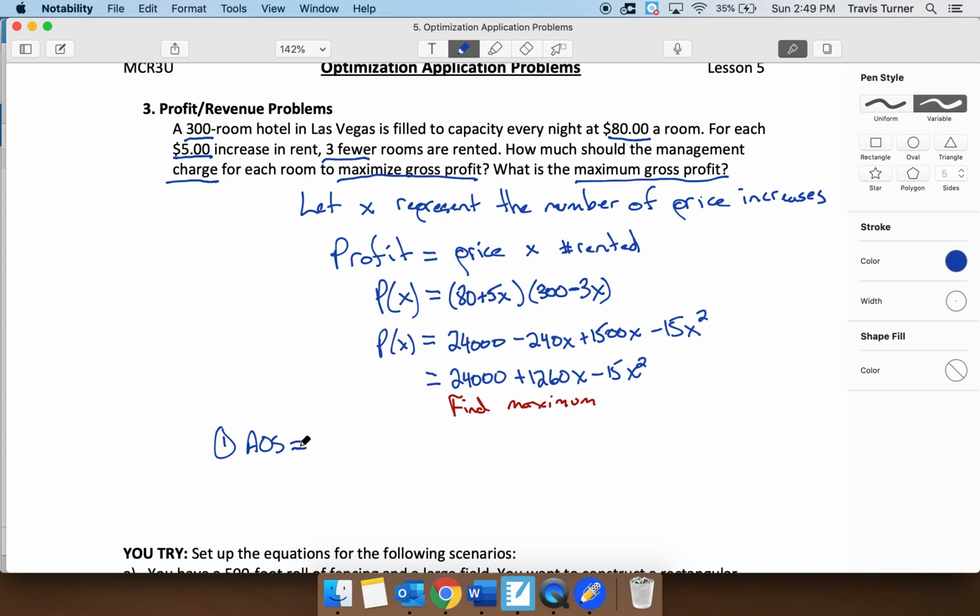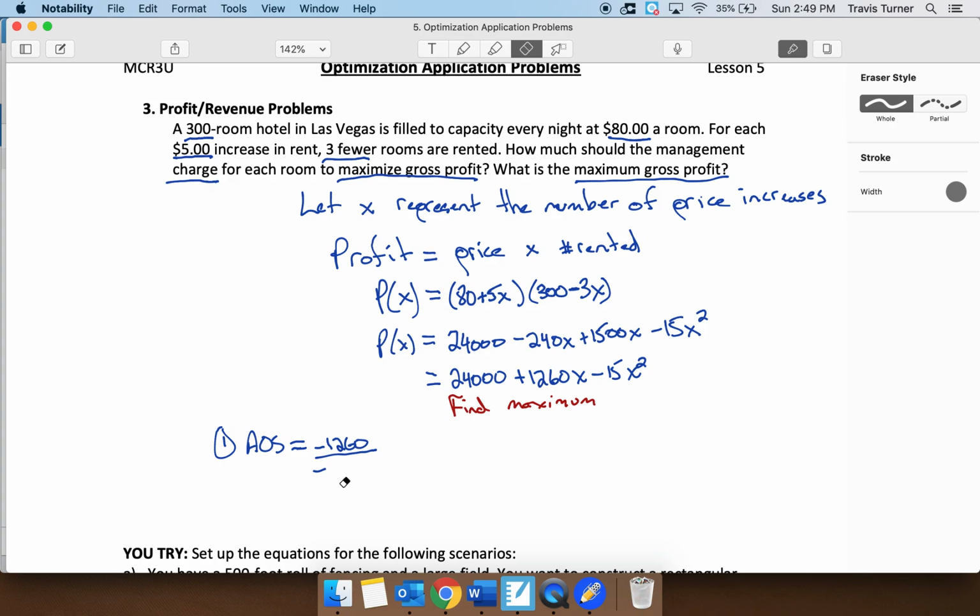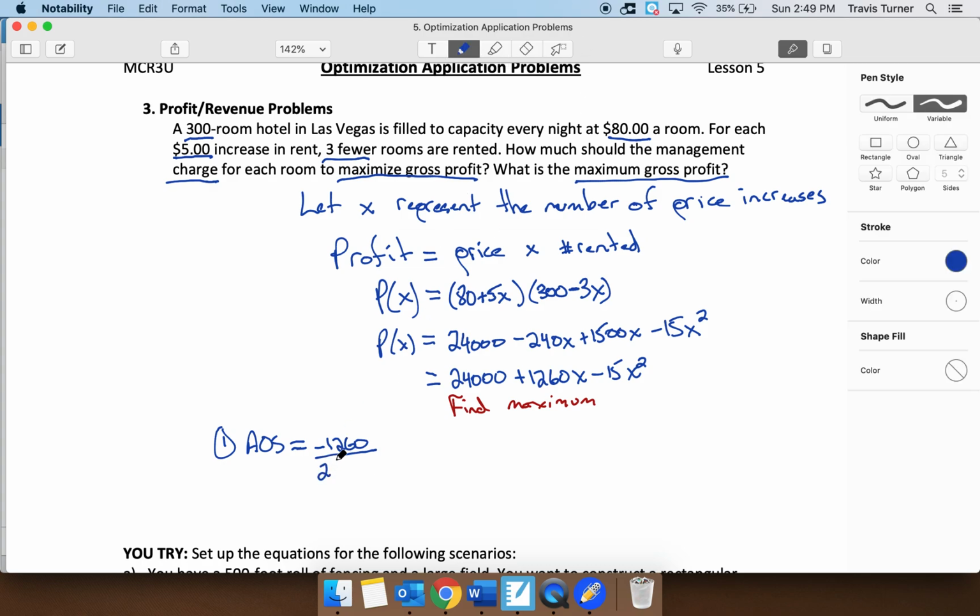So negative b, so b here is 1260, over 2 times a, which is negative 15. Oops, 2 first. So if you punch that into your calculator, you get x is equal to 42.